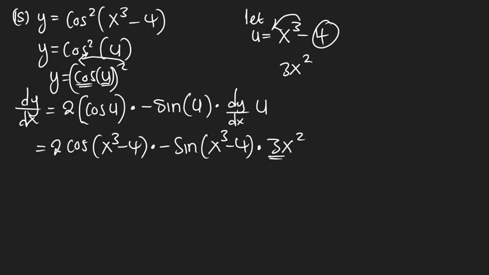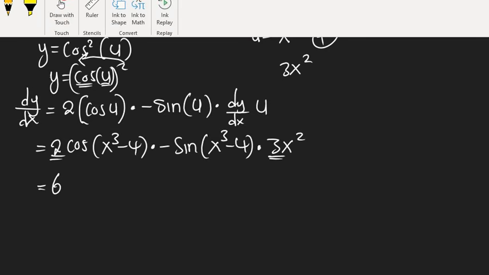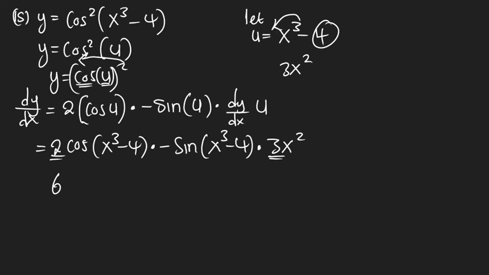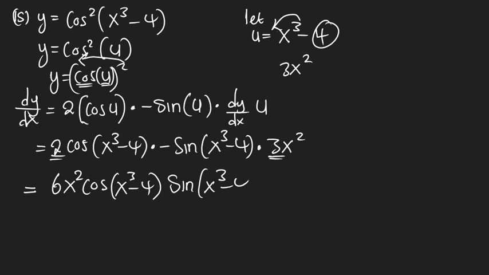So this 3 will be multiplying with these 2, so we are going to have 6x to the power 2 cosine of x to the 3 minus 4, then sine of x to the 3 minus 4.